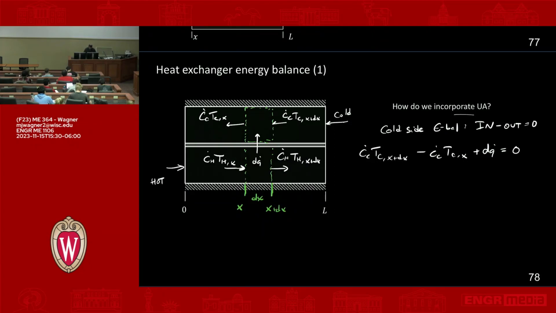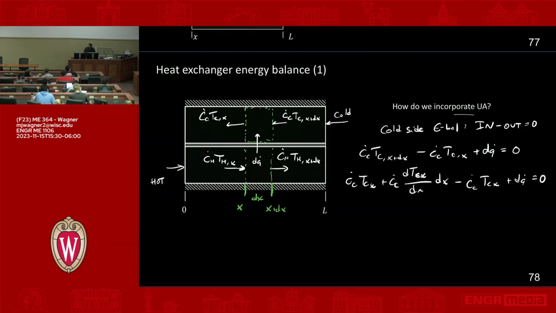So expanding the first term, C dot C, TC at x plus C dot C times the differential, dTC(x)/dx times dx, minus C dot C, TC at x, plus dq dot equals 0.